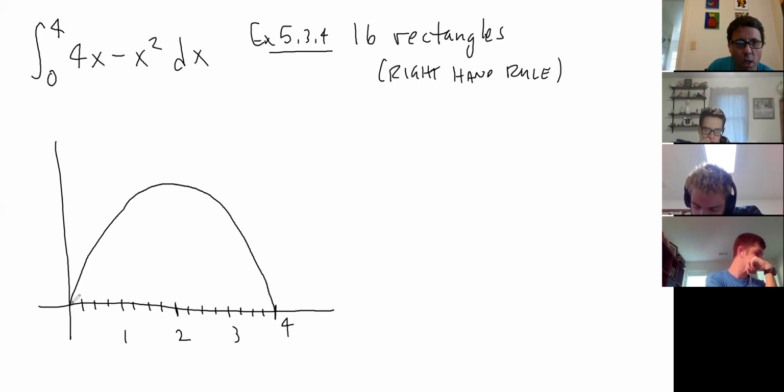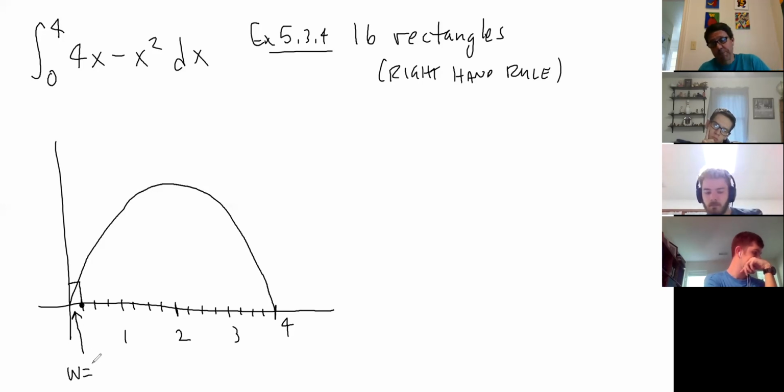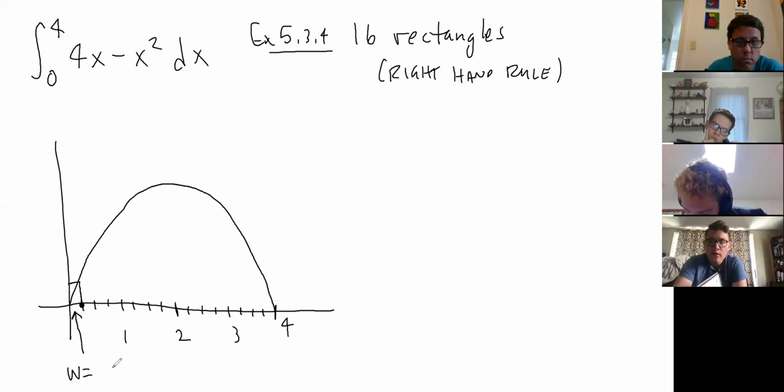So on this little piece here, we go to the right-hand side, and we go up to the curve, and we make a little rectangle here. Now, what is the actual width of that rectangle there? It's 1 over 4, right? Yes, sorry, my bad, 1/4.